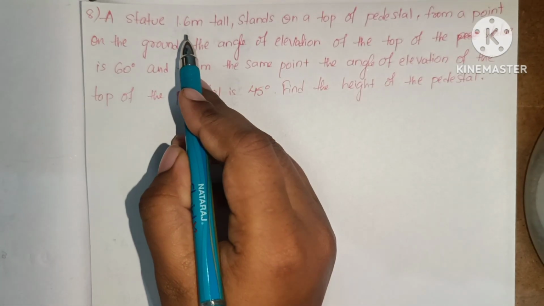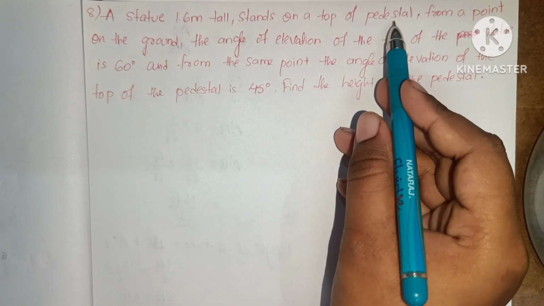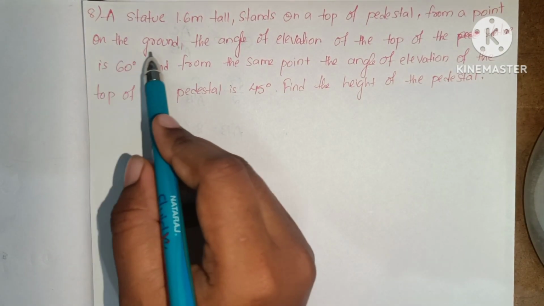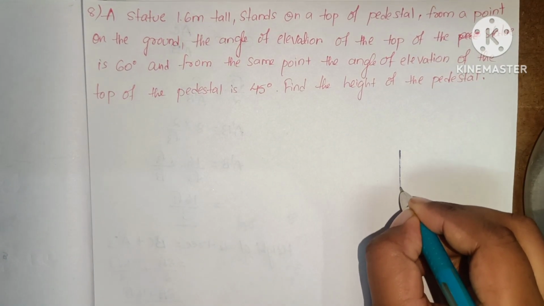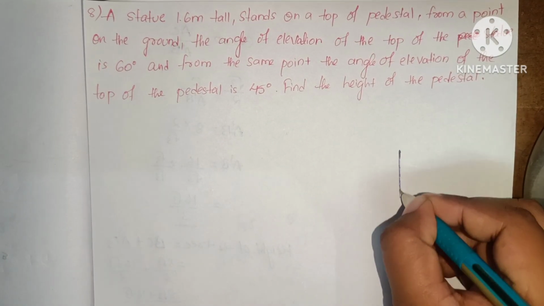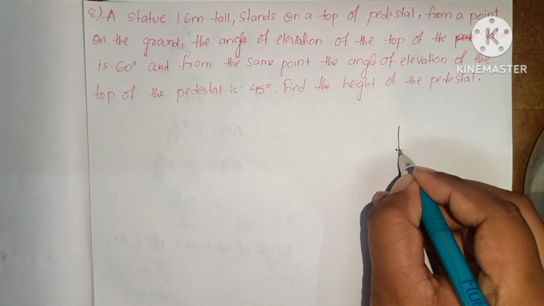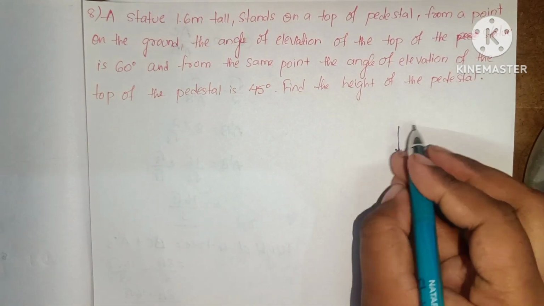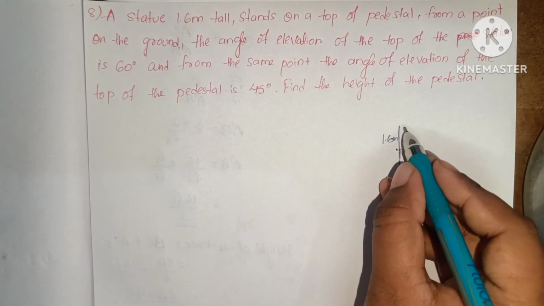Next, a statue of 1.6 meter tall stands on top of a pedestal. From a point on the ground, okay, so there was one pedestal, and the pedestal has some height. On the pedestal there was one statue, 1.6 meter tall.